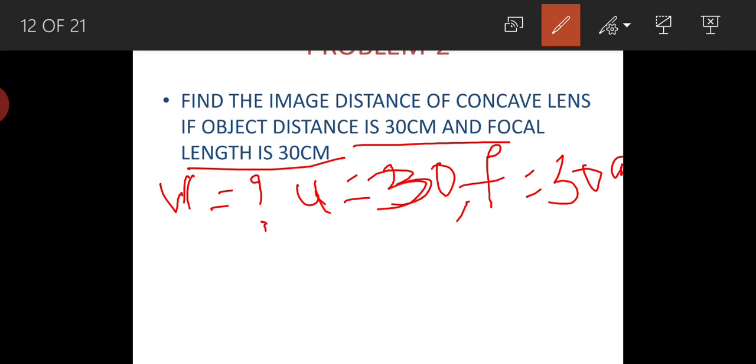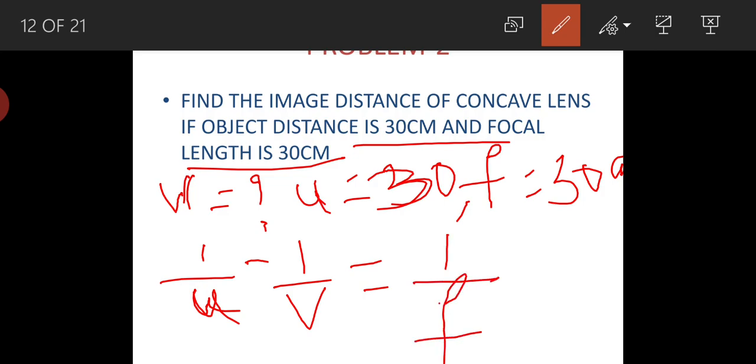Here we know that the lens formula for a concave lens is 1 by u minus 1 by v is equal to 1 by f.